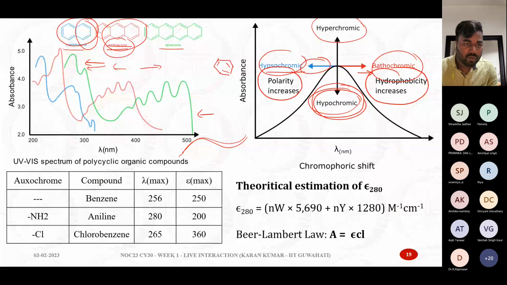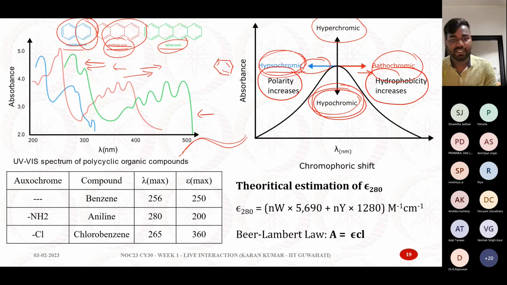Because one ring is reduced, the polarity will increase, and in case of increasing polarity, you will observe hypsochromic shift. When you add one more ring to anthracene, that gives tetracene, and in tetracene you will see a right shift, which is bathochromic shift, and that is because hydrophobicity increases.